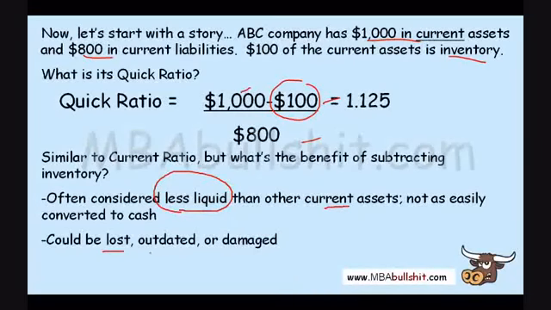It could be outdated, meaning you cannot use it anymore. Take, for example, mobile phones, which become obsolete very fast. Or it could be damaged. You think your inventory is there in your warehouse and everything is great, but you might not realize that a lot of it is damaged. So that's why we subtract inventory.